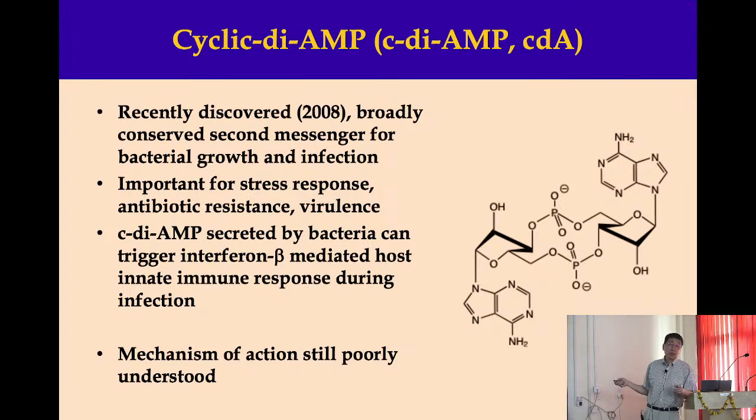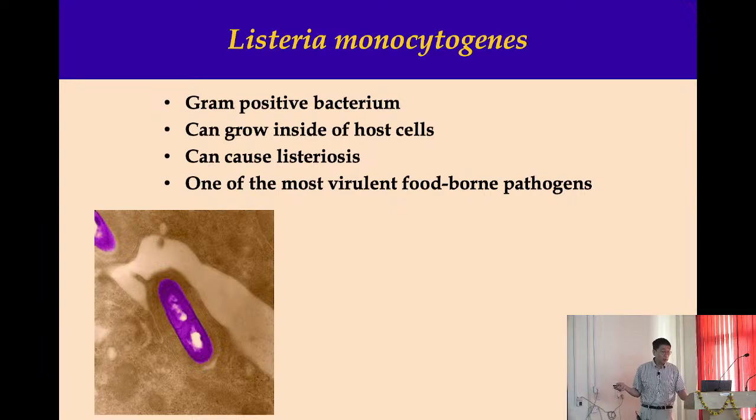So Ron Breaker actually studies these riboswitches quite a bit, but this is a collaboration with another group, who worked on listeria, a different microorganism. It's one of the most virulent foodborne pathogens. So in the US, probably in India as well, we often hear recalls of food because it's contaminated by listeria.